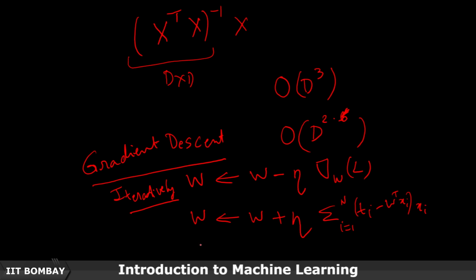So this is n, this is d cross 1, this is d cross 1, and this is a scalar, so this is 1 cross 1, and this is again d cross 1. Okay. So always ensure that your dimensions match out.